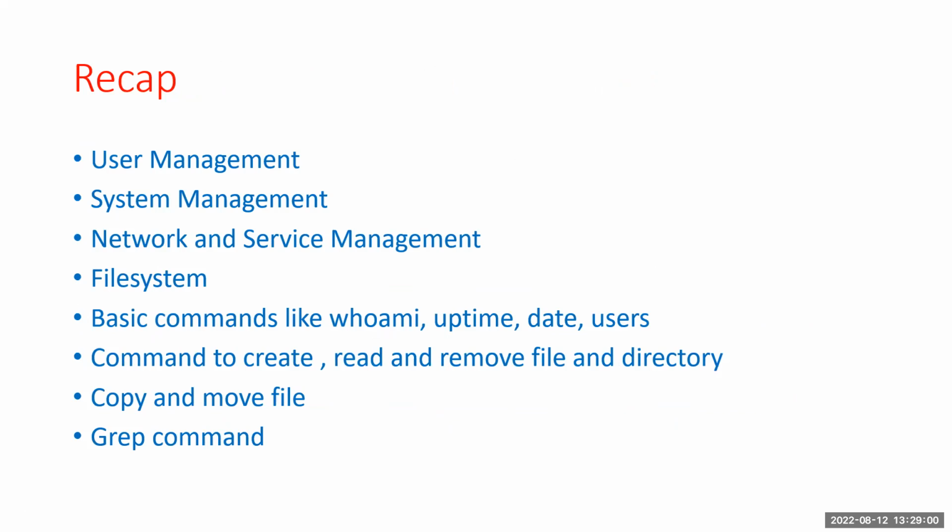Using PuTTYgen, you convert that .pem file to a private key. Then you open PuTTY, add the public IP address of that machine, and upload the PPK file. And this is how you get connected to your EC2 instance, which has Linux operating system.